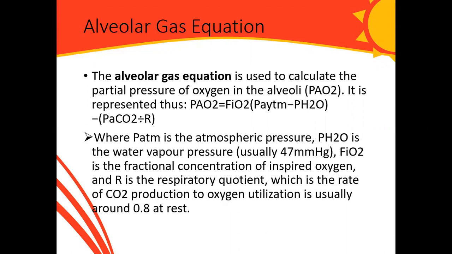The respiratory quotient is given as 0.8 at rest. So the alveolar gas concentration helps to determine the partial pressure of oxygen in the alveoli, and from here you can get the AA gradient, the alveolar-arterial oxygen gradient.